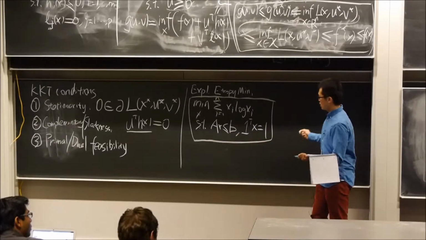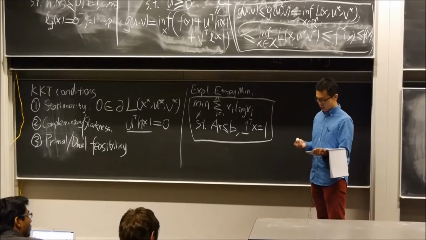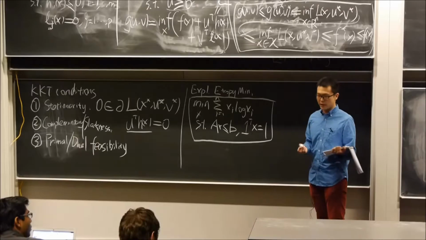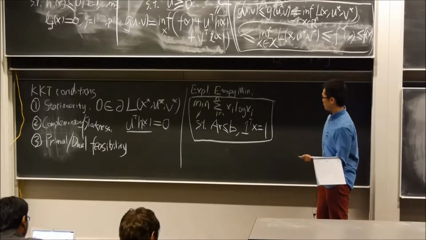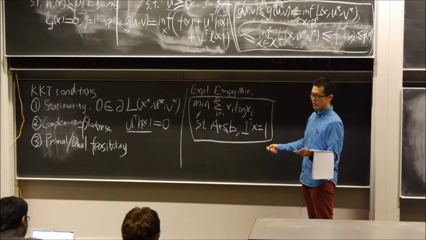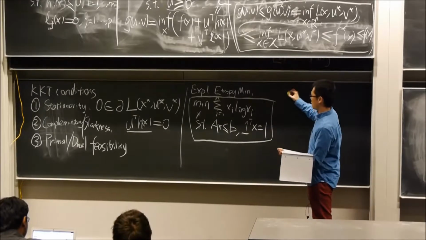So the idea goes: why don't we try to solve the dual optimization, since it's likely that strong duality holds for this problem, and it's very easy to verify that by Slater's condition.